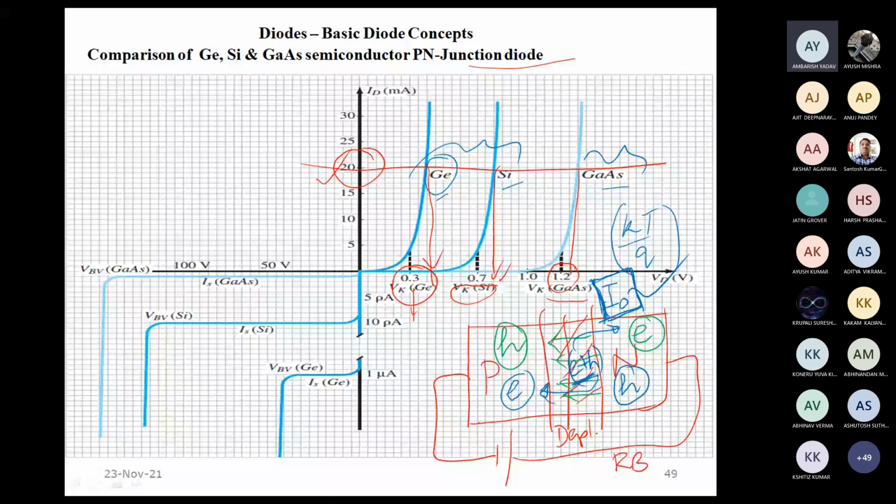Also, the energy required to break the covalent bonds is going to be different for different materials, and so is the current I naught. In the reverse direction, gallium arsenide has the least current because of its high energy band gap.